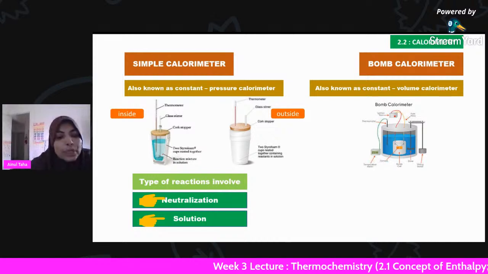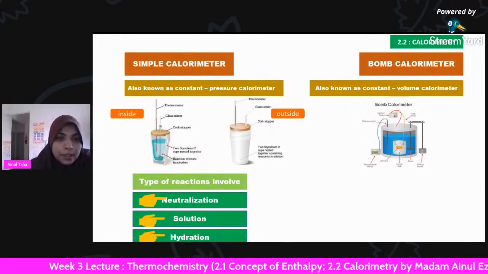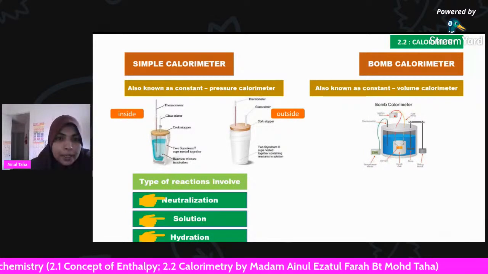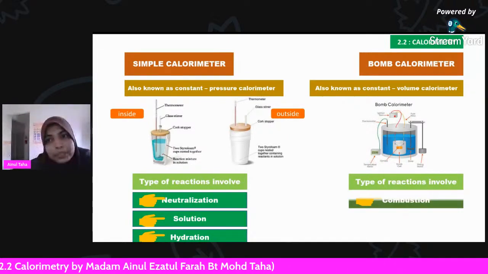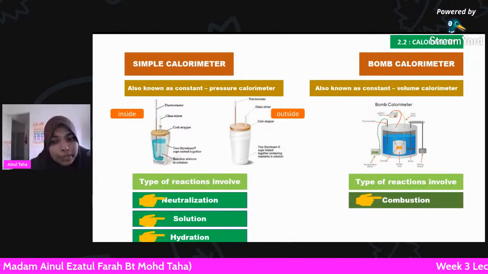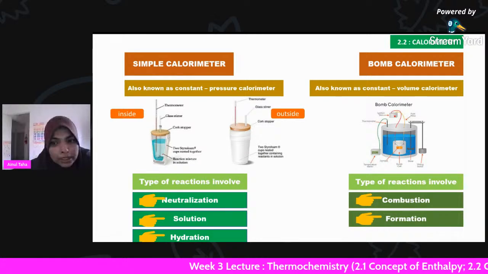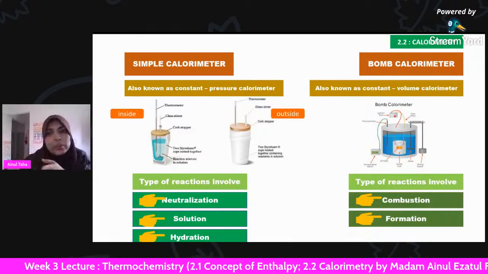We can use it for solution and also for hydration. And the type of reaction involved in the bomb calorimeter is combustion, or formation. So the more complex the reaction, that one we use the bomb calorimeter.